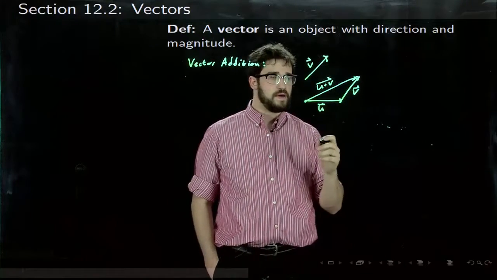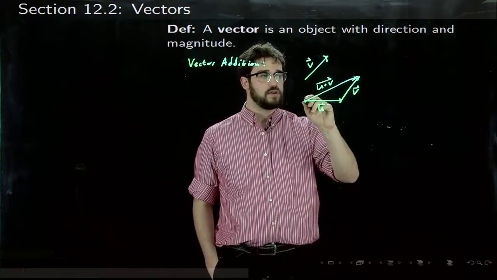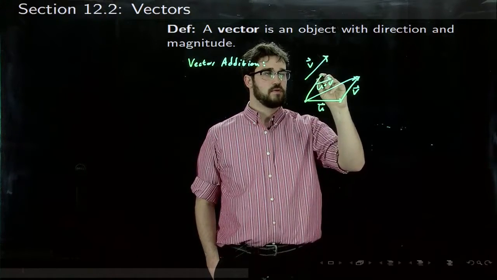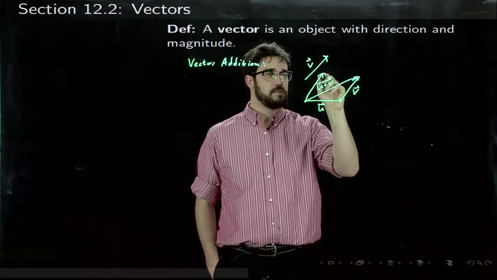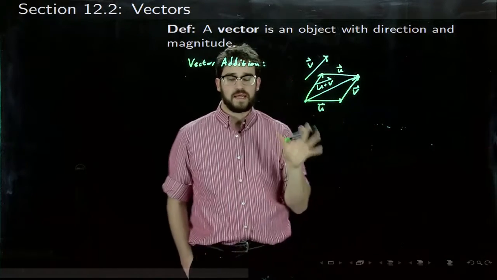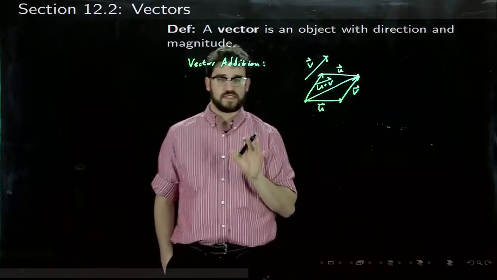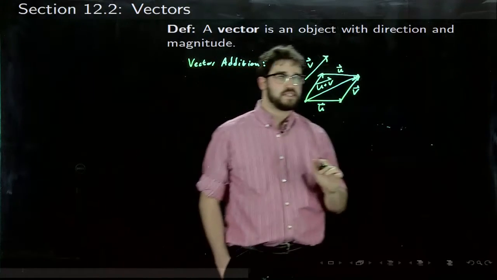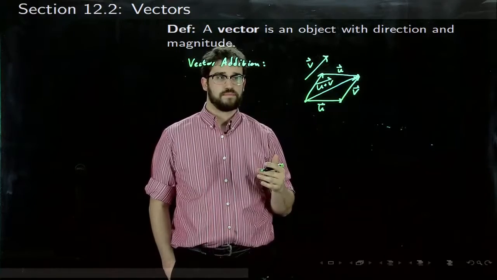But a good thing about this is, let's say we started with v instead, right, like that, and then we put u here. Either way we place tip to tail, we're going to get to the same point. And we call this the parallelogram law.